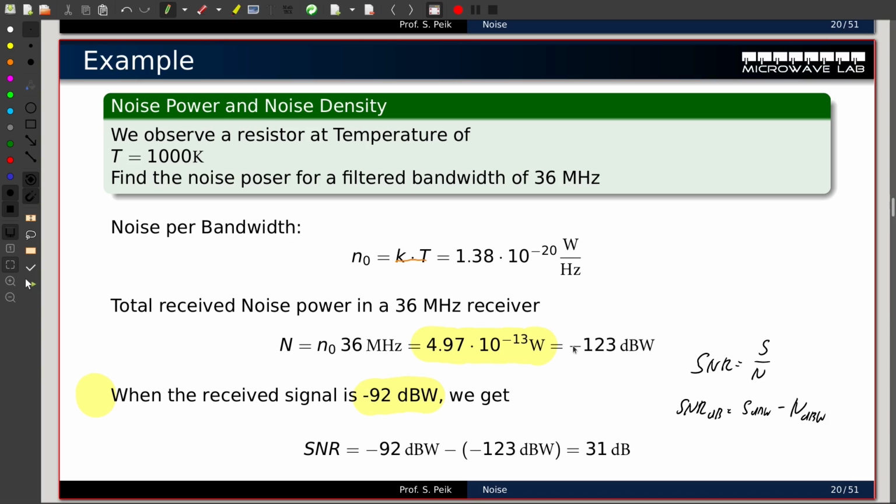When you do that, signal is minus 92 minus minus 123, then you get a 31 dB ratio.